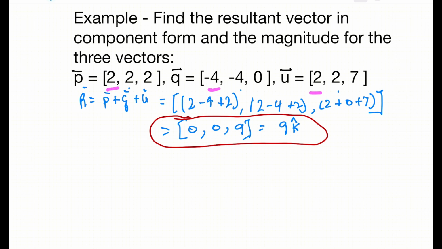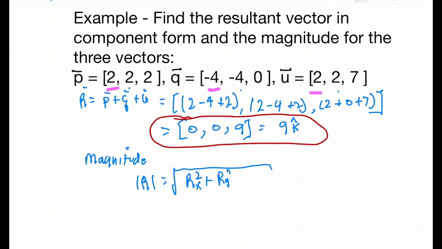But now we want to know the magnitude of it. So the magnitude r, the length of r, is what we're looking for, is just the square root of the components squared and added together: rx squared plus ry squared plus rz squared.